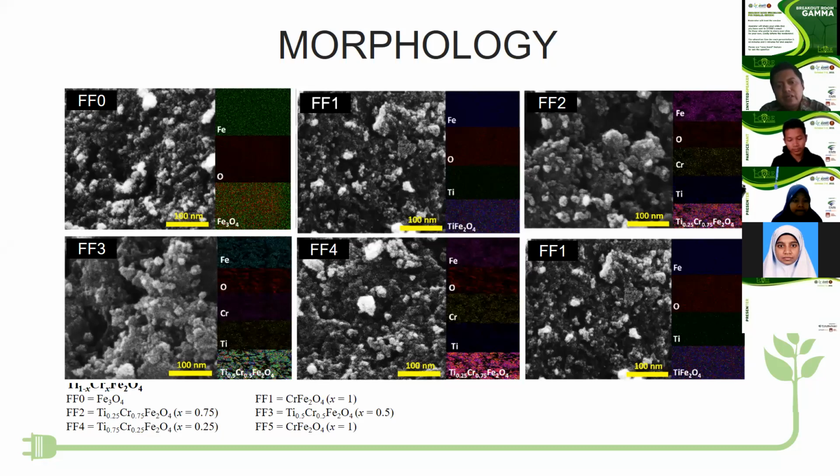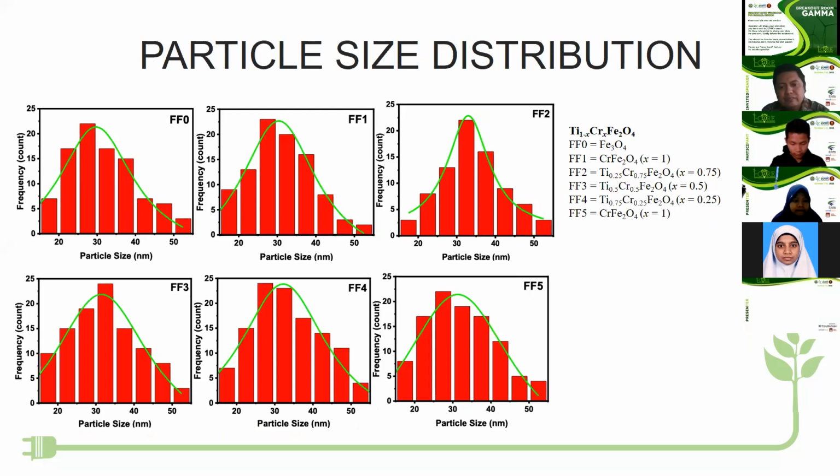From this figure, we can see clearly that all the samples, all the material that we produce here, are in nanometric size. We can convert this by some fitting or calculation.